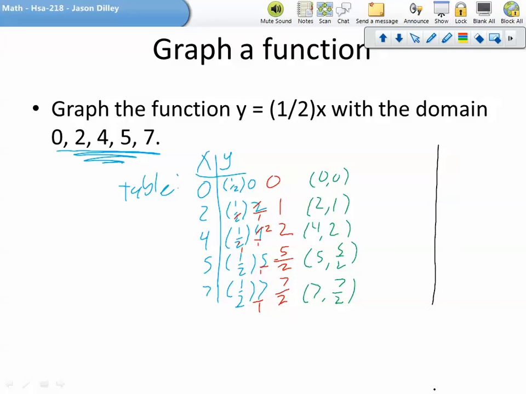So let's make the graph over here. We're just going to do a top quadrant graph. So we're just going to look at that section up there. So this is going to be 1, 2, 3, 4, 5, 6, 7. And notice the care that I am taking to both label and mark my graph, right?